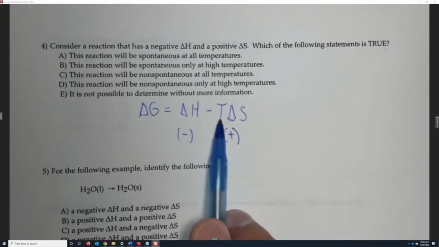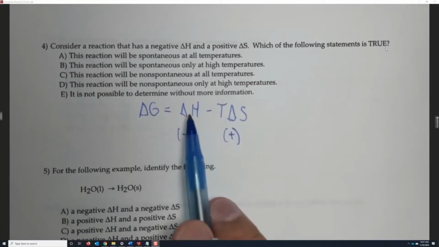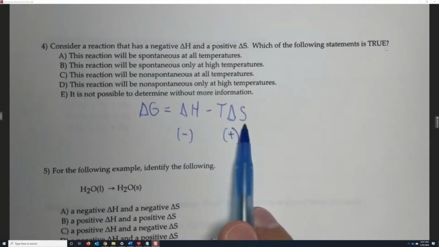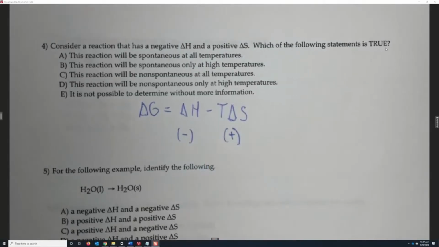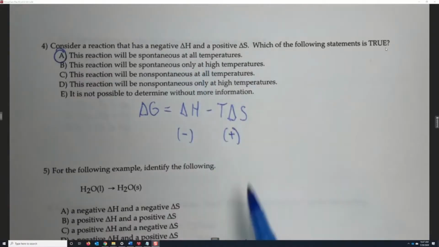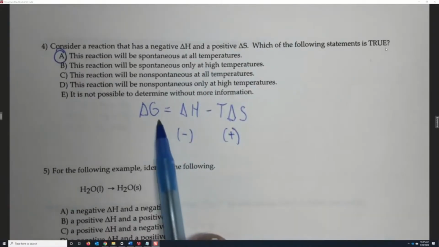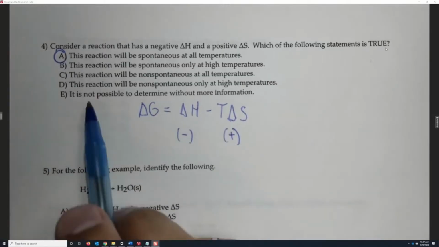So the lowest absolute temperature is 0. So this value has to be positive, so it's going to be a negative minus something. When you have a negative minus something, it's going to be negative independent of what the temperature is. So it's choice letter A. This reaction will be spontaneous at all temperatures. Delta G will be negative at all temperatures because we have a negative minus something.